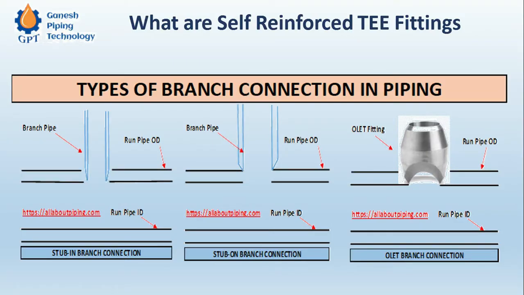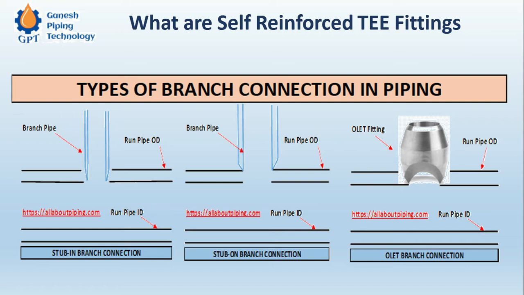Okay, so quickly we will see what the T fittings are. The T fittings are basically the branch and header, because we know that this is the main line or the header line, and we have to take a tapping out of that. That is the branch. That is a very basic and simple explanation.